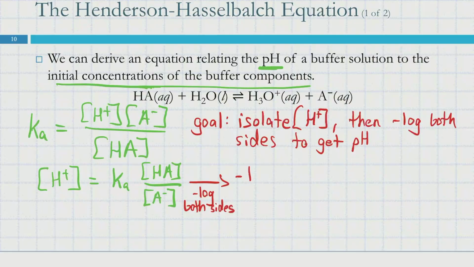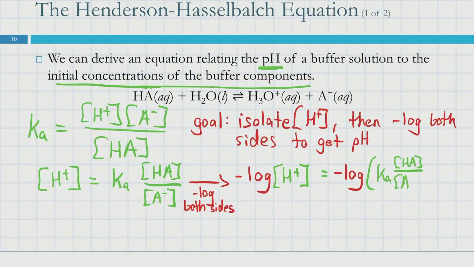So our left side, negative log of H plus. On the right side, we get negative log Ka HA over A minus.